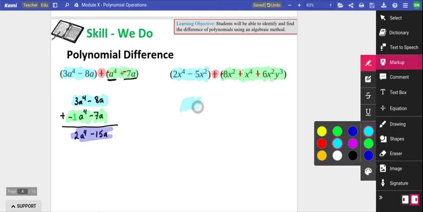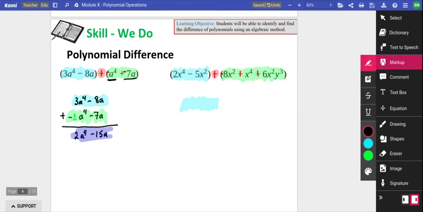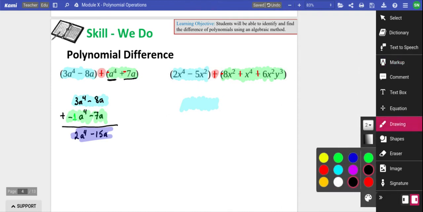Again, we are doing the opposite sign of whatever was there. Bring down the first parentheses. We will be adding. So first parenthesis is 2x to the fourth minus 5x squared. Now, if you remember from the addition, we always do the exponents in descending order.